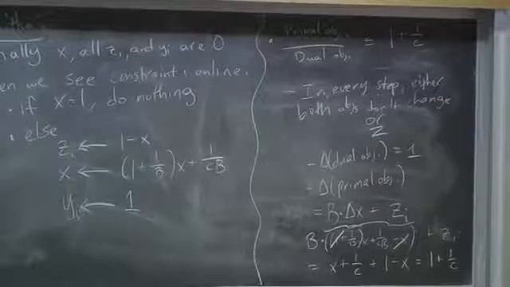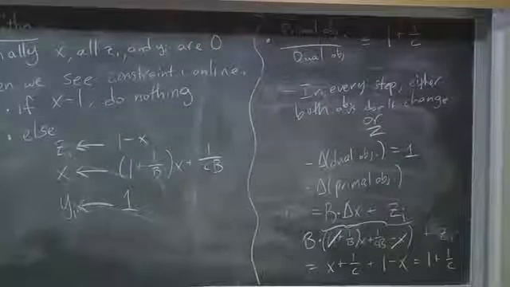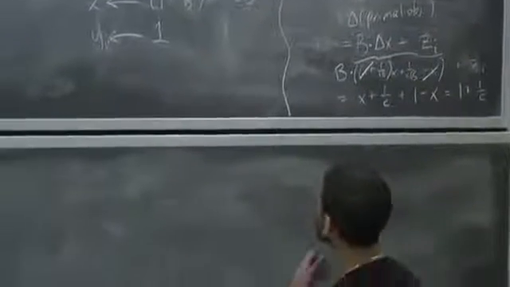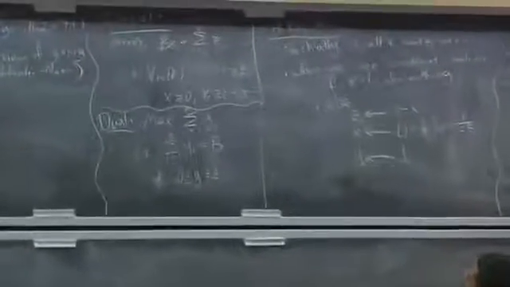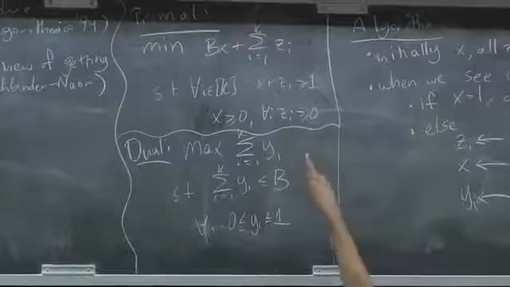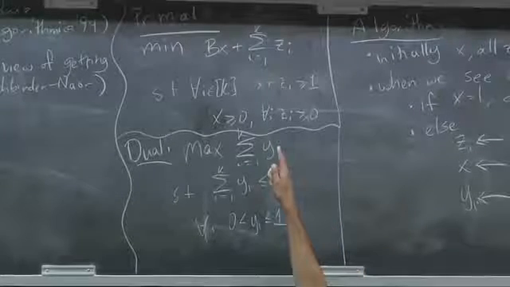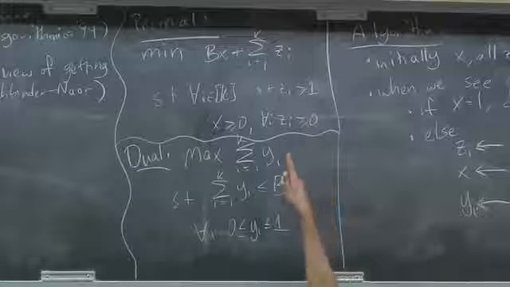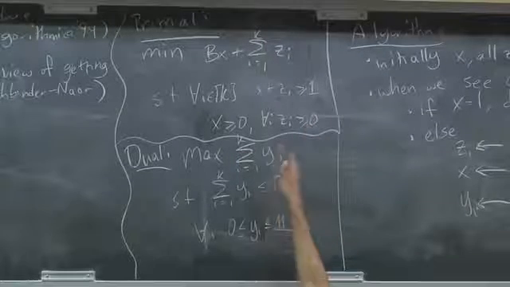Okay, good. So now we just need to say that x and y are feasible. Okay, so let's look at the primal. Now, zi is just 1 minus x. So that's a tight constraint. And certainly, we never make anything negative.